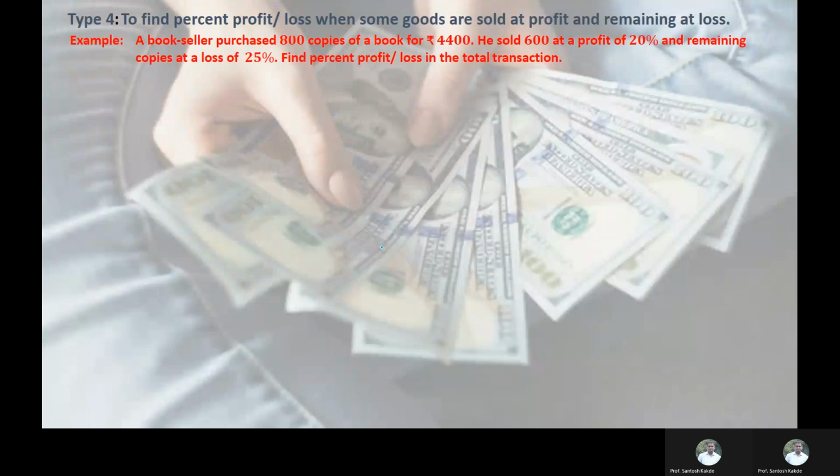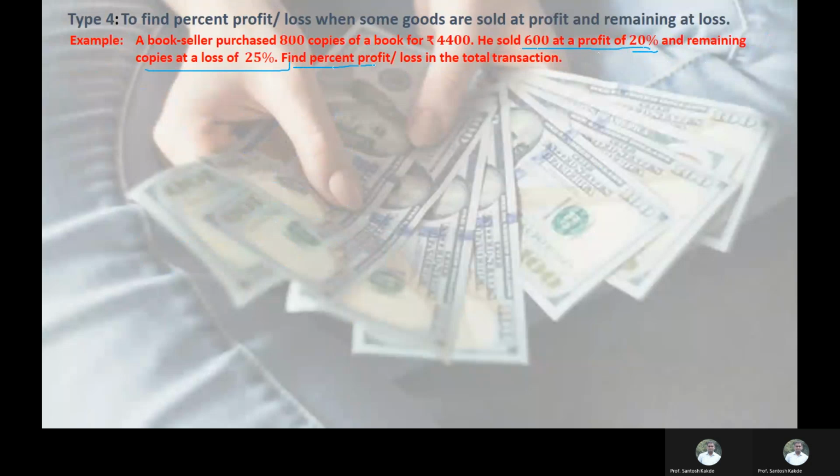Now look here. He sold two quantities: 600 at a profit of 20% and the remaining copies at a loss of 25%. Now here two quantities we have to consider, one is the profit and another one is the loss.